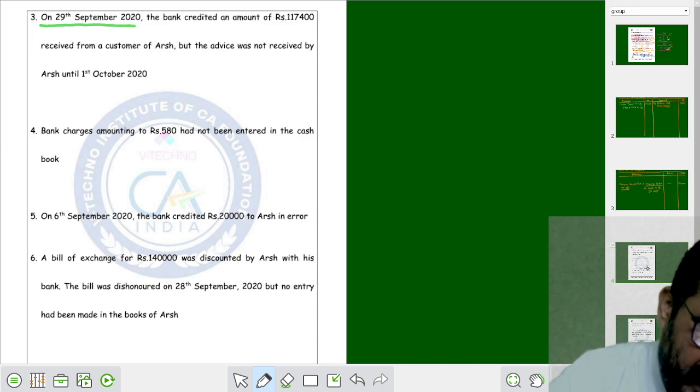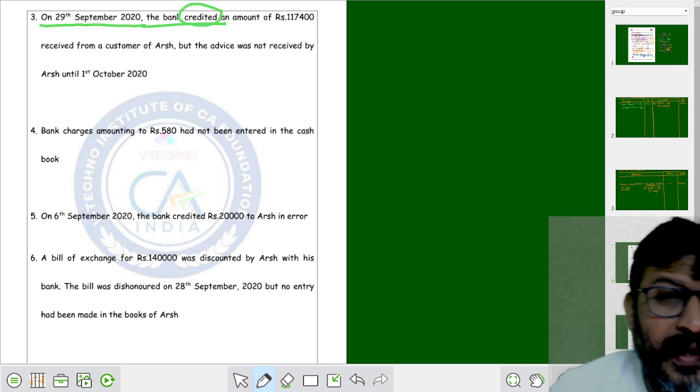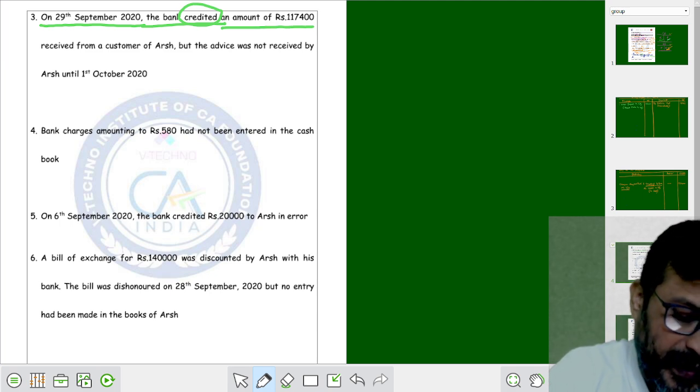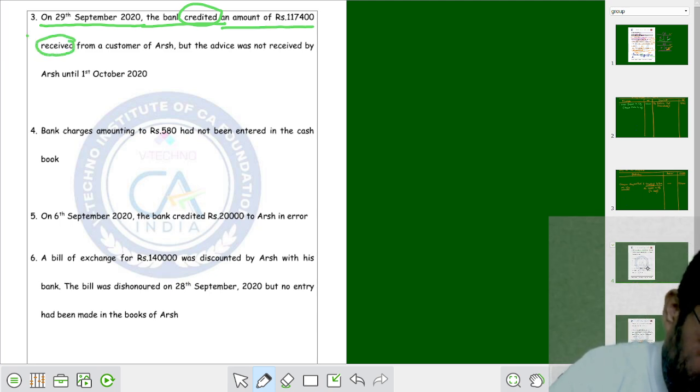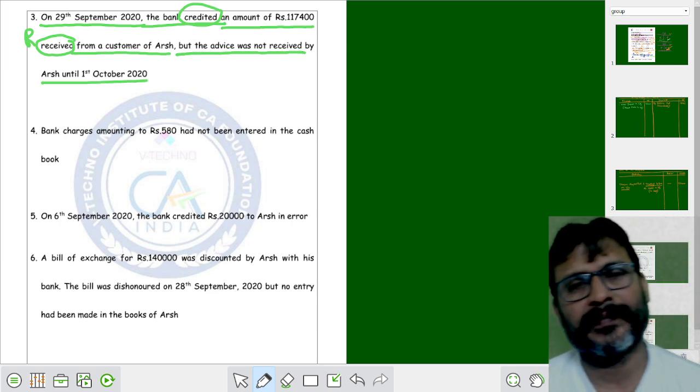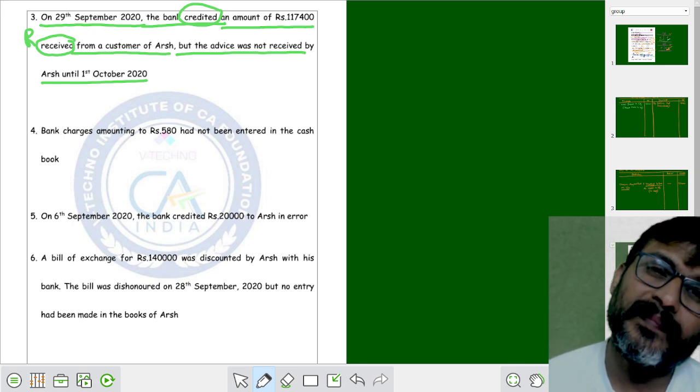On 29th September, bank credited an amount of 1,17,400 received. Received means what? Receipt from a customer of ours, but advice was not received until 1st October. What do you mean by this?